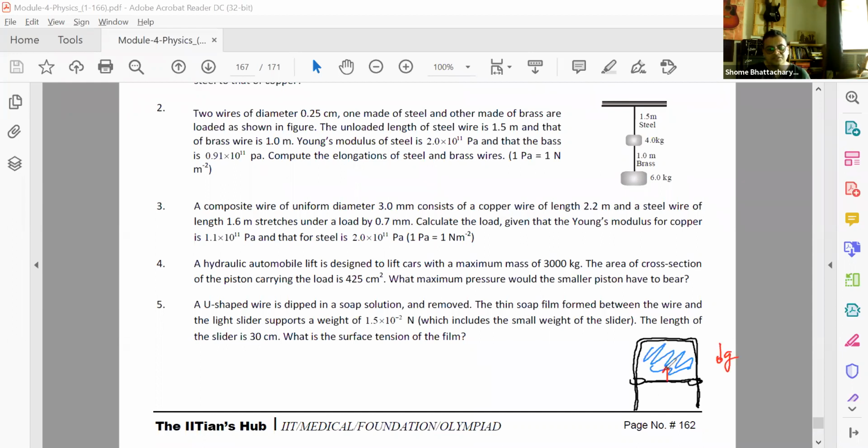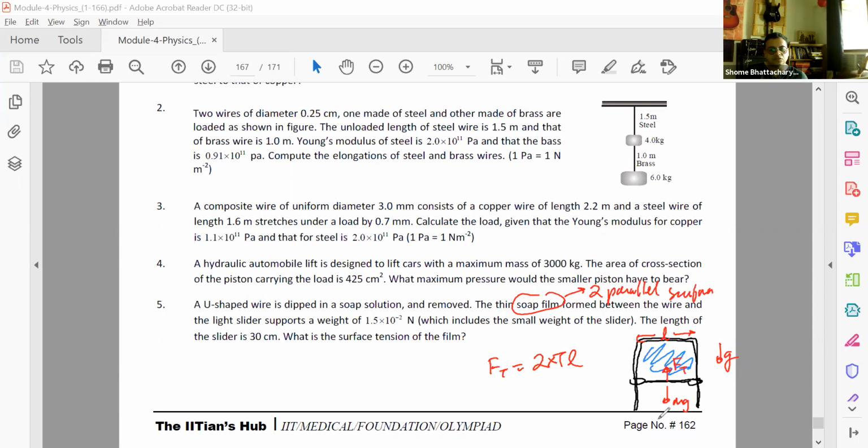So the surface tension force acting on that wire is balancing the combined weight. But the surface tension force will be 2 times surface tension into length, where L is this length. Why 2? Because the film is supported by 2 surfaces, one above and one below. So the soap film has 2 parallel surfaces.